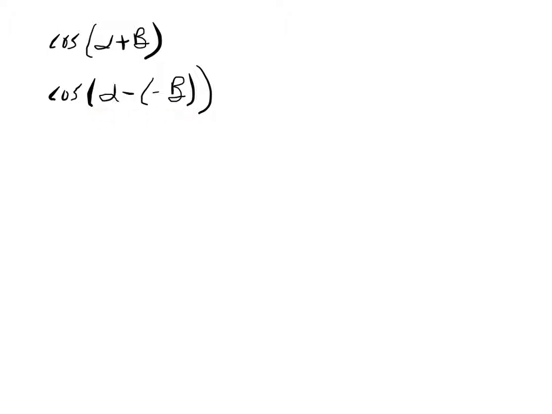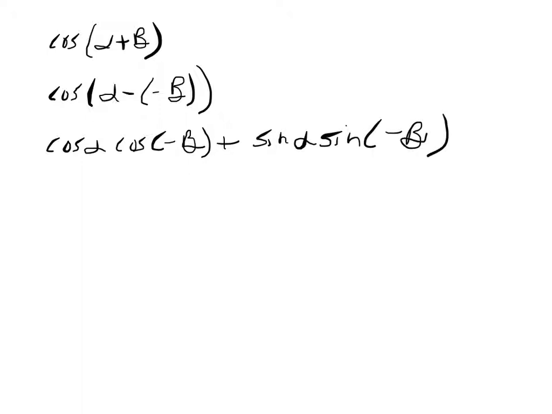So go ahead and use the formula we just derived. This then would be cosine of alpha times cosine of negative beta plus sine of alpha times sine of negative beta.